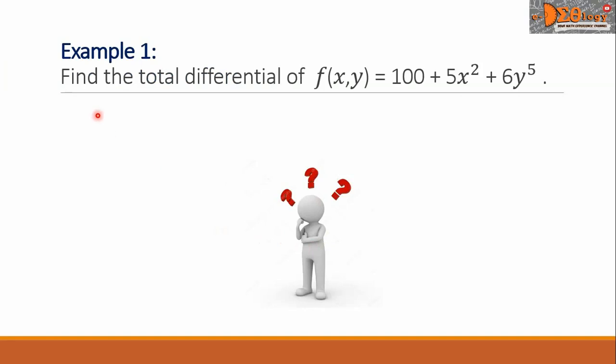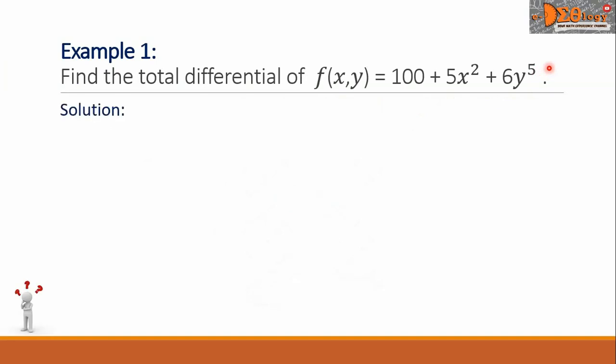Example 1. Find the total differential of f of x, y equals 100 plus 5x squared plus 6y raised to 5. Let's begin with simplification of partial derivative of f with respect to x.